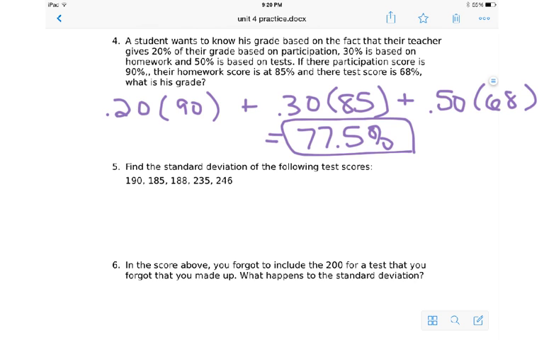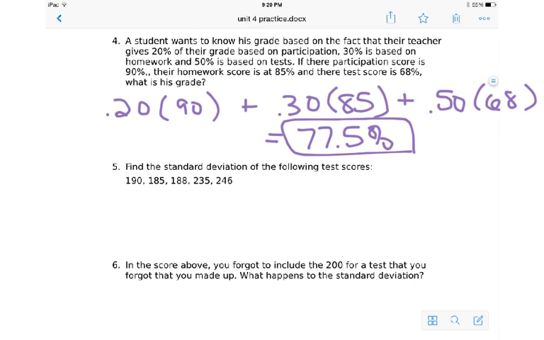In problem number 5, find the standard deviation of the following test scores. 190, 185, 188, 235, 246. So you can do the chart if you want, but you know the chart takes a really long time.